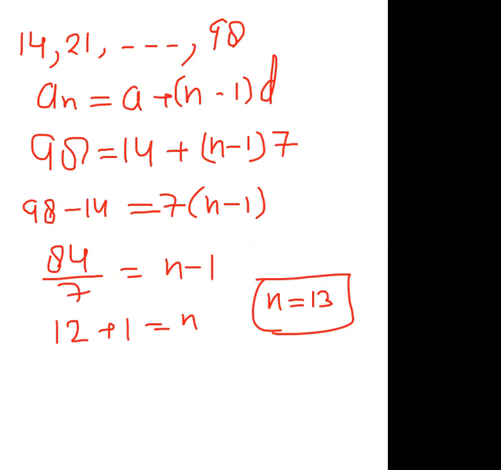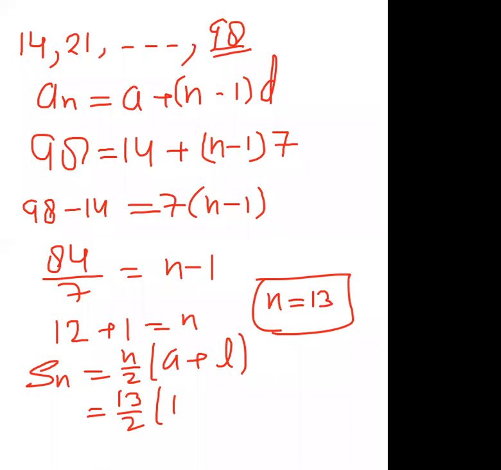We need to find the sum. So Sn will be equal to n by 2 into a plus L, because right now the last term is also given to us. So 13 by 2 into 14 plus 98. I suppose we will be able to calculate this.